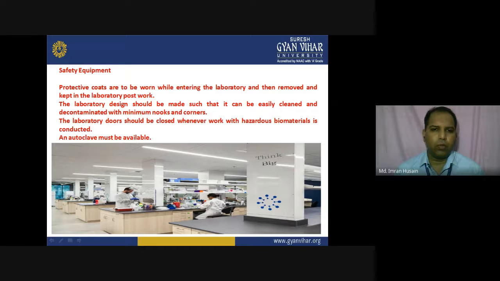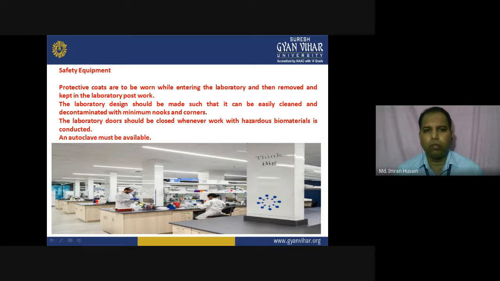The laboratory design should be such that it is very easy to clean. It should not be a problematic space to be cleaned. The laboratory doors should be closed whenever work with hazardous biomaterial is conducted. Whenever the experimentation procedures are going on, you should always close the laboratory doors.